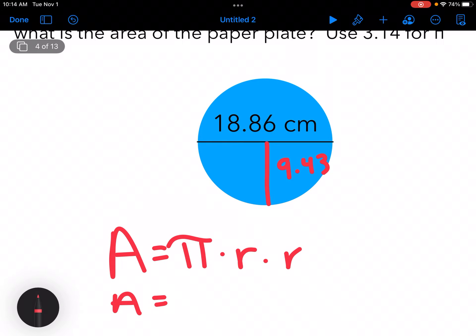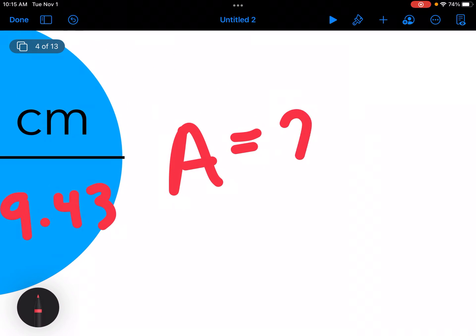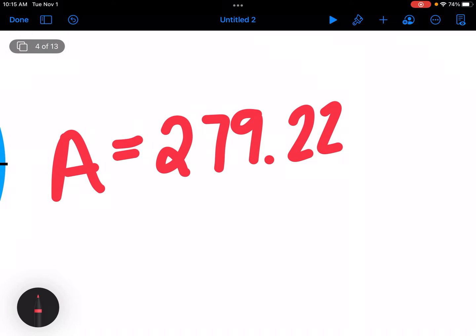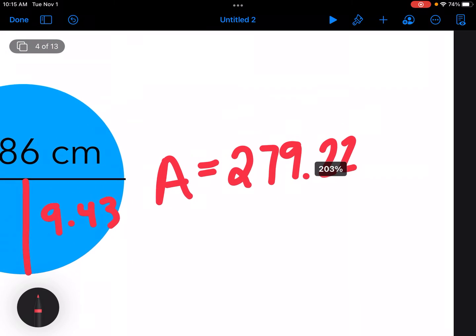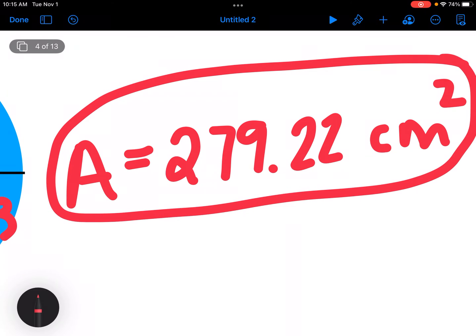So area equals 3.14 times 9.43 times 9.43. And I get the area is 279.22. So I only ever go 2 places behind the decimal. I know in your calculator it probably says something crazy. And it's going to be centimeters squared because area is the number of square units inside a shape.